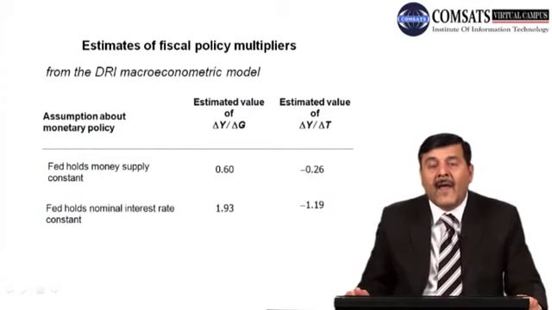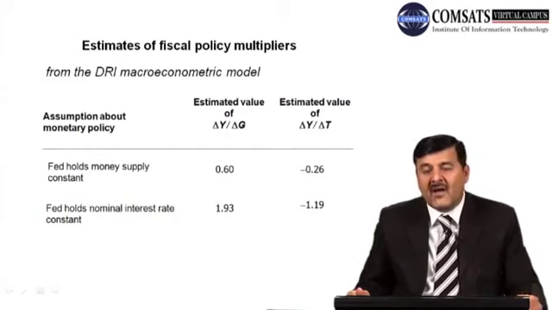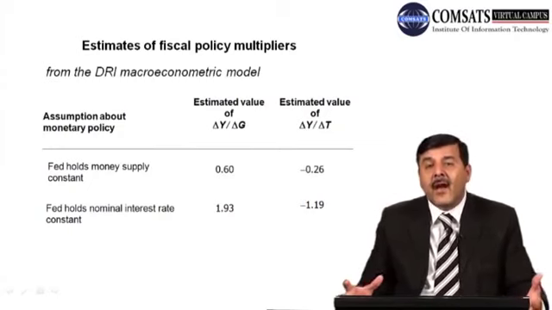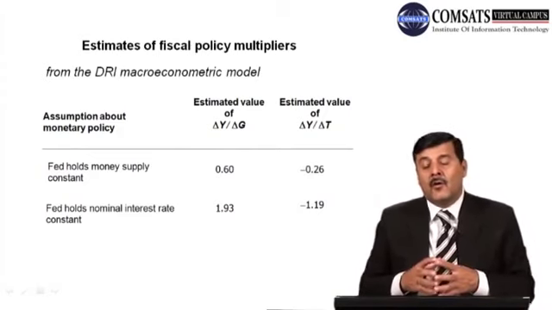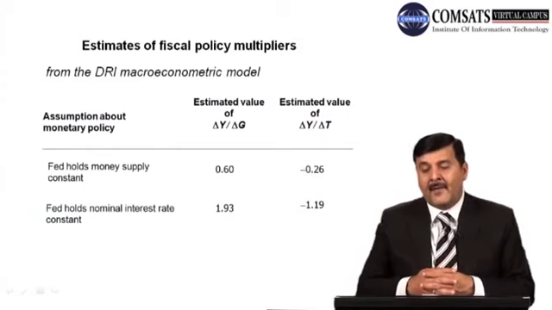If there is a 100 billion increase in money supply with a change in expenditure, there will be a $600 billion change in expenditures. And then the second figure, 1.93, again an estimated value, tells us that when the rate of interest is constant, the effect on the level of income is much more than the change in money supply.